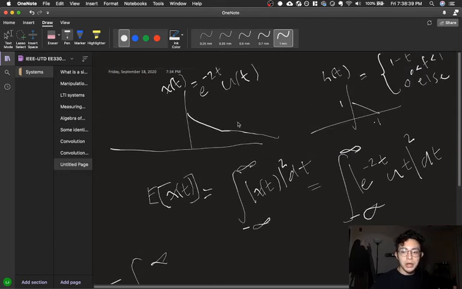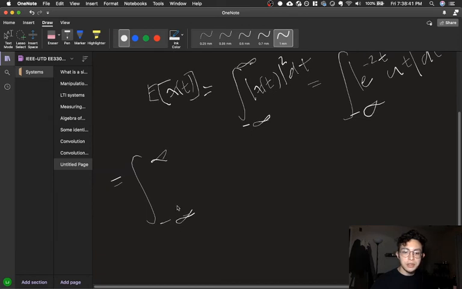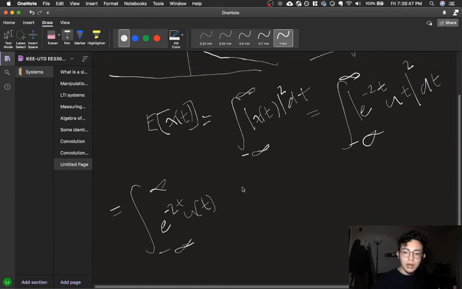Since everything here is positive, the magnitude of it is just the same thing, e to the negative 2t u of t. So we square everything. The step function squared is just the same thing as the step function, so we can ignore that.